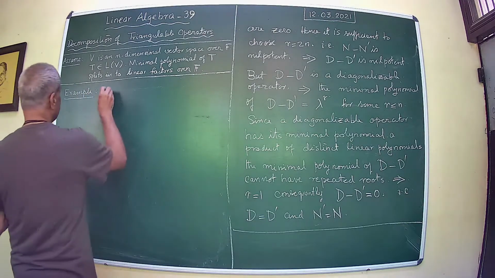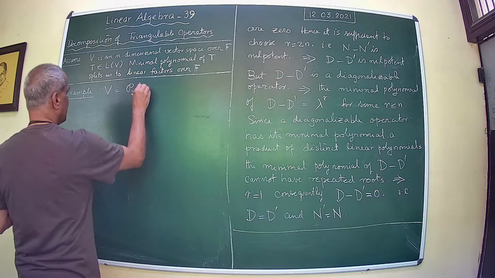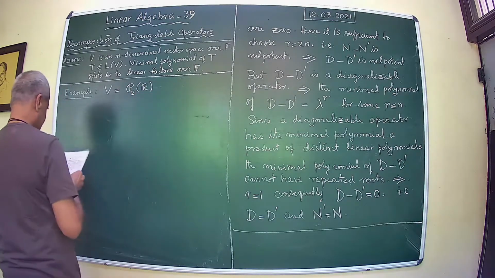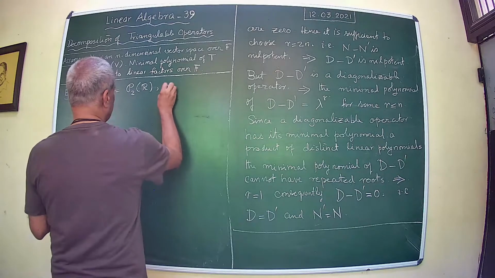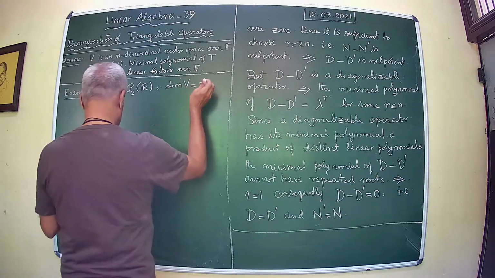We take V to be the space of polynomials of degree at most 2, so the dimension of V is then equal to 3.